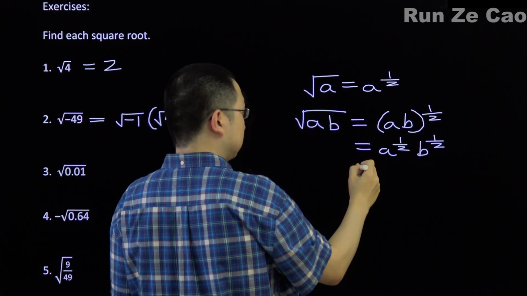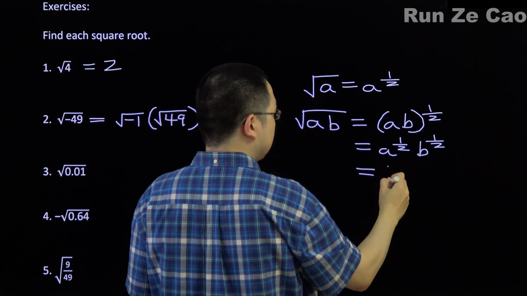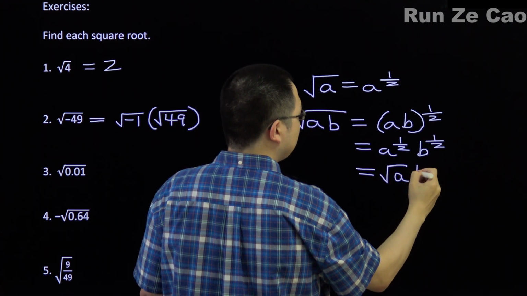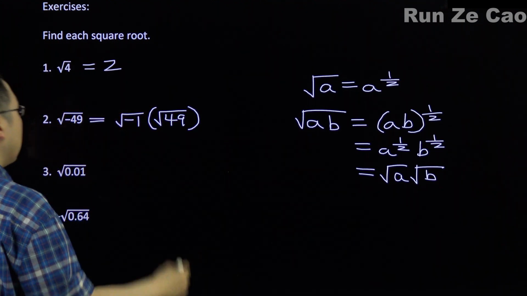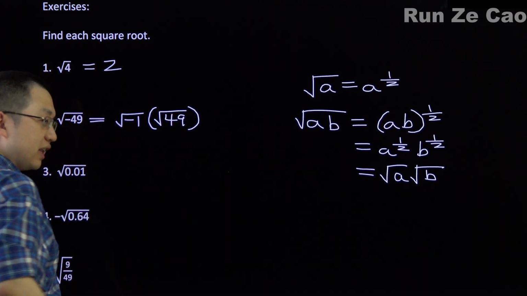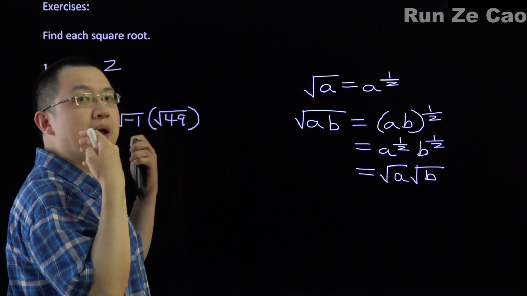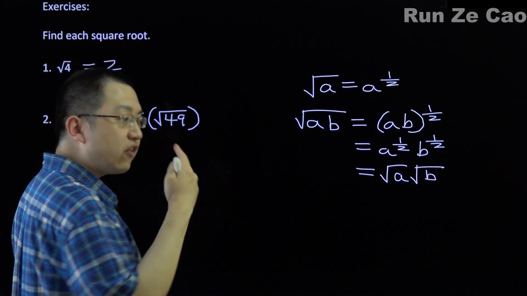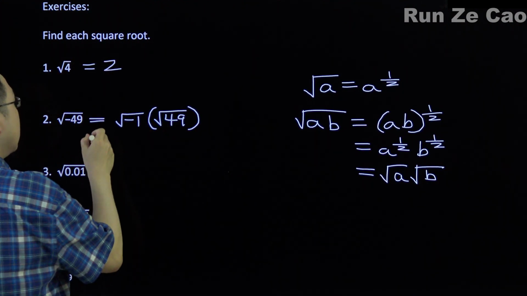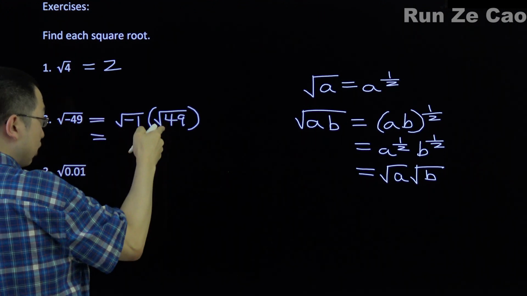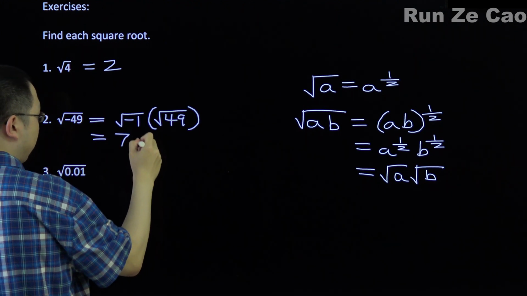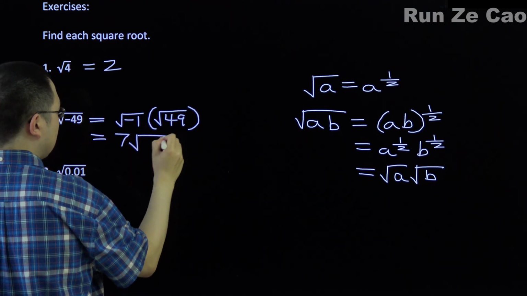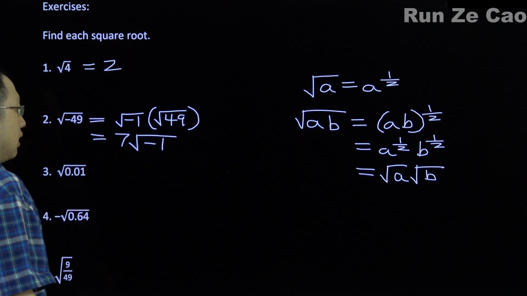So, therefore, the square root of AB is equal to the square root of A times the square root of B. So, the square root of 49, we know that 7 times 7 is 49. 7 squared is 49. Therefore, the square root of 49 is 7. So 7 times the square root of negative 1.